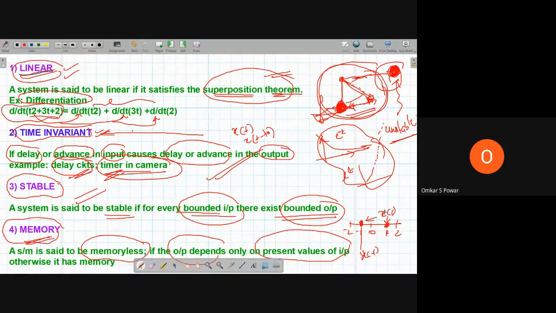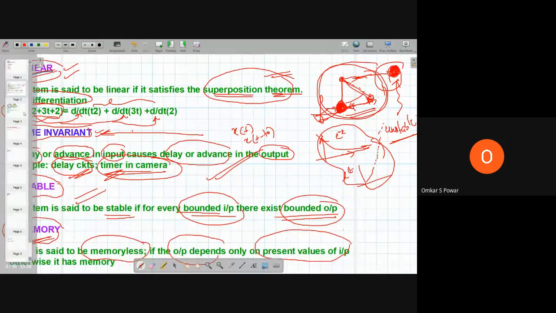So it has memory because it depends upon the past value. But if it depends only on the present value, what is the value of x at 1? x at 1 only. So what is that? 1. It doesn't depend upon minus 1. So then it is memoryless, just like Gajani. If the output depends on more than the present values of input, then it is called a system with memory. Otherwise, it is a memoryless system.